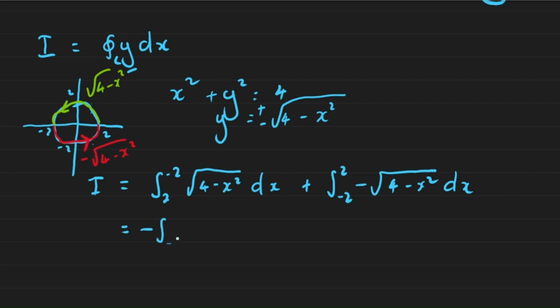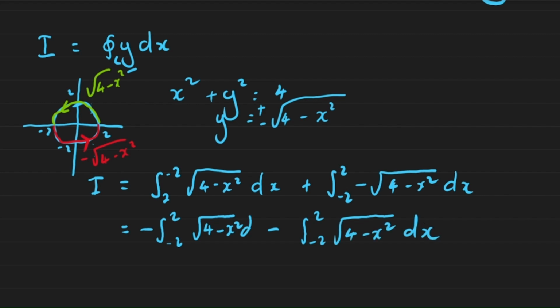So that's from minus 2 to 2 of the square root of 4 minus x squared. Okay, bring that minus to the front in the second term. This is also from minus 2 to 2, and that's the square root of 4 minus x squared as well. Let's not forget the dx. So you can see that the first term is the same as the second term.